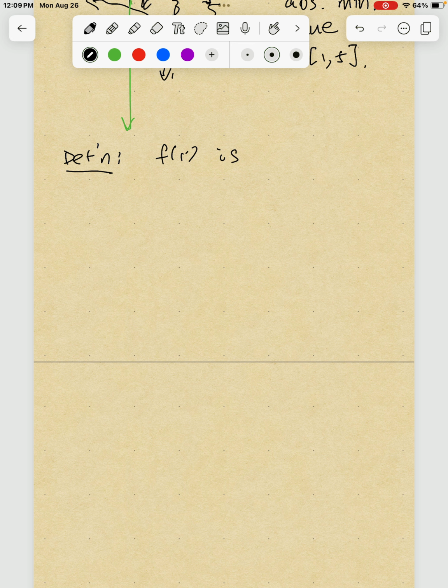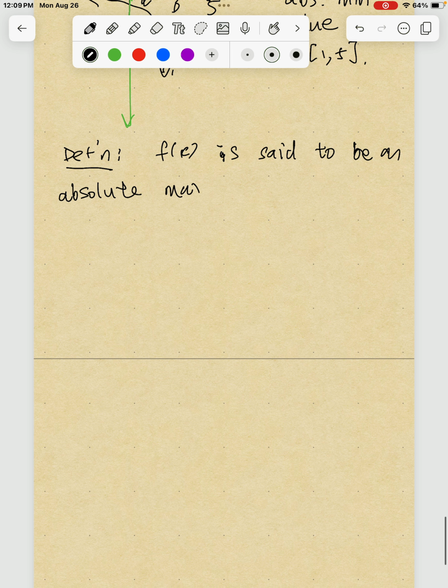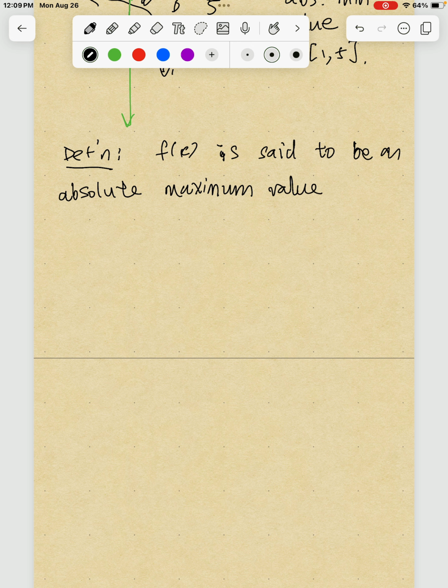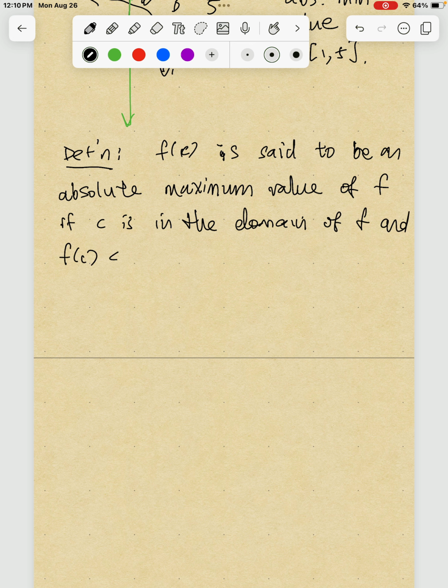f of c is said to be, so c is a value in the domain of the function, an absolute maximum value of the function f if c is in the domain of f and f of c is greater than or equal to f of x for all values of x in the domain of f.